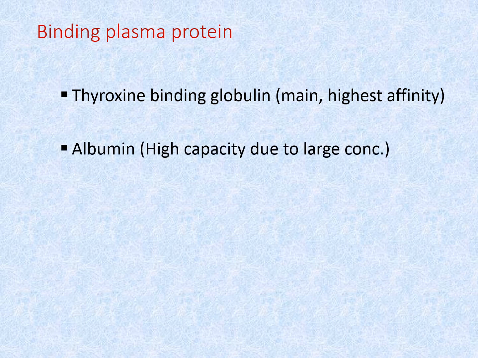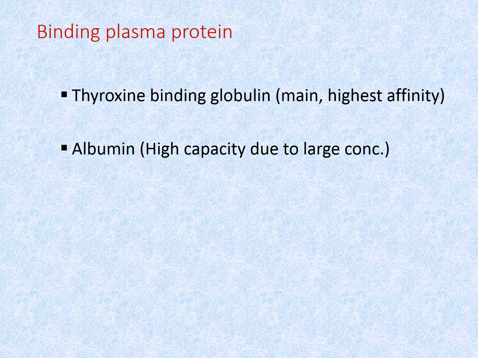They also bind with albumin, but here the difference is high capacity due to its large concentration, because the concentration of albumin is obviously high. So we need to understand the difference.